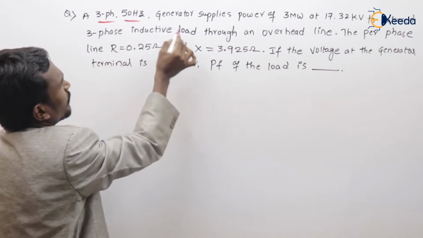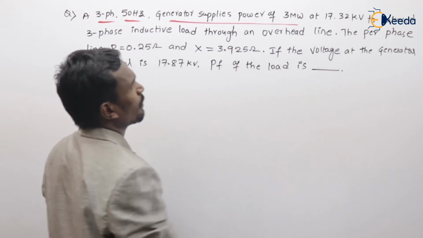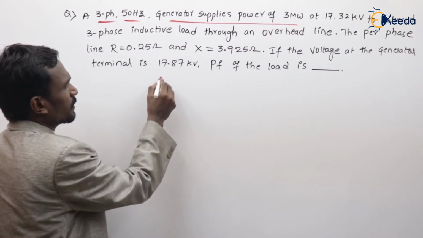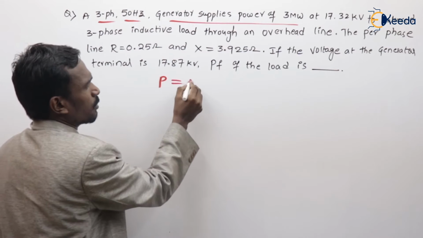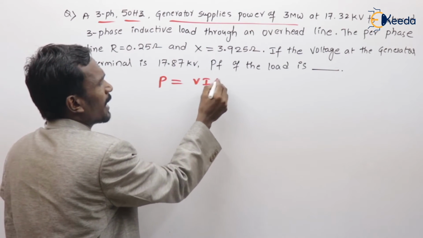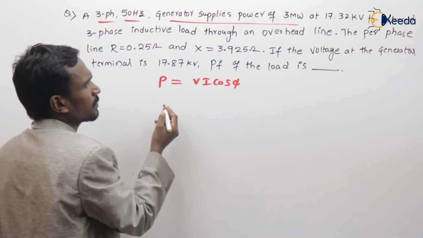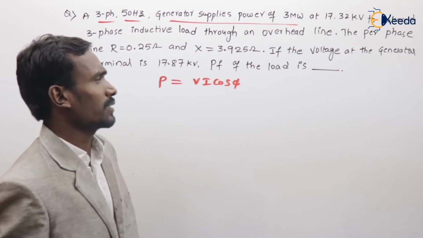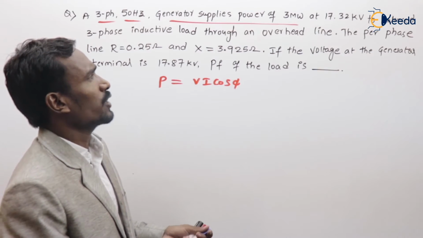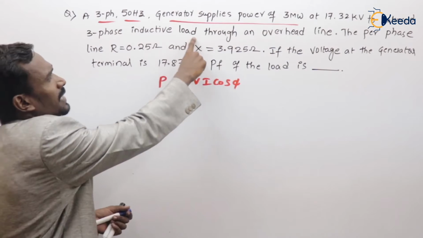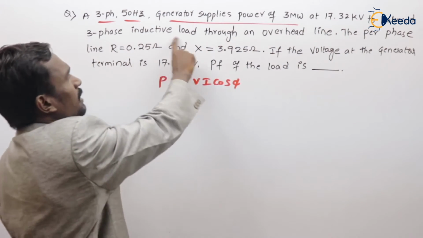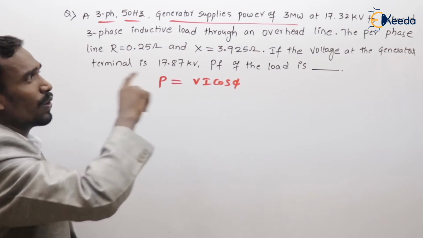A 3-phase 50 Hz generator supplies a power of 3 megawatts, generally P equals VI cos phi, at 17.32 kV to a balanced 3-phase inductive load through an overhead line.